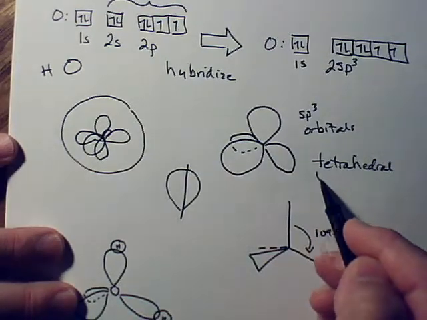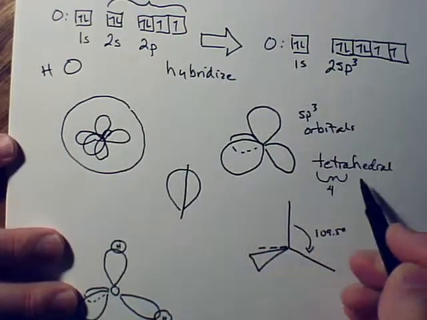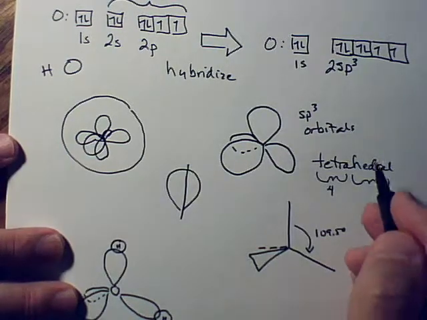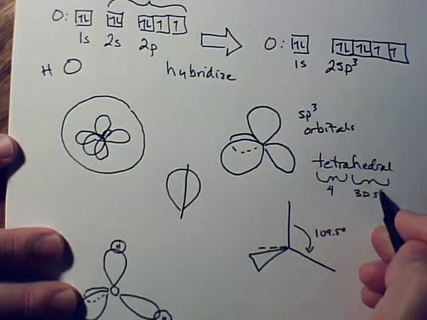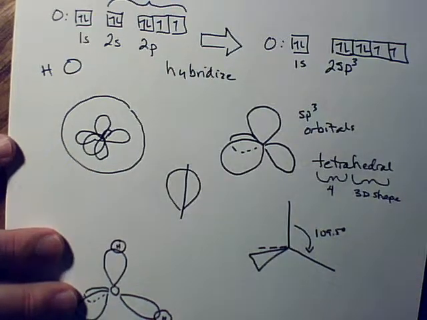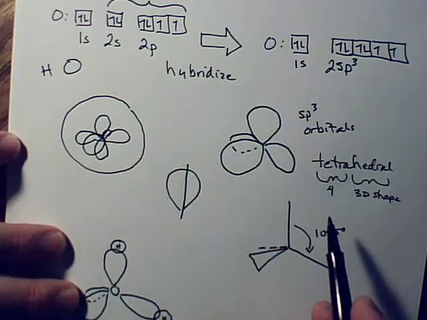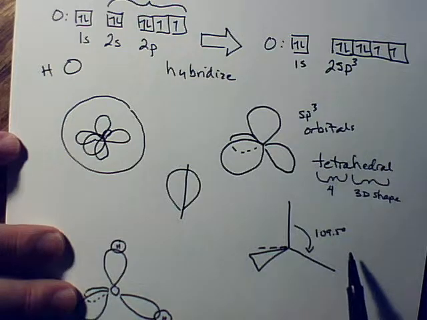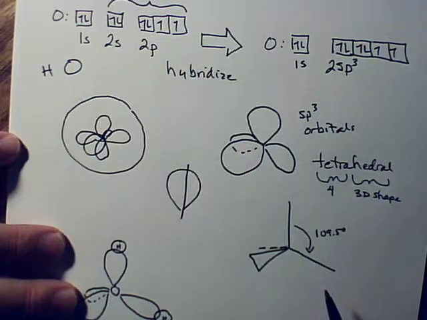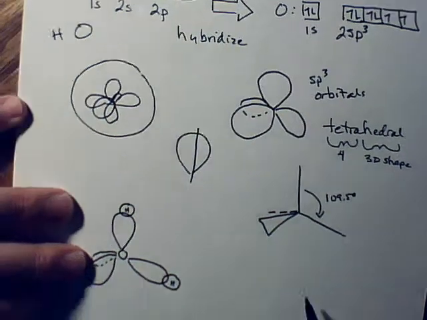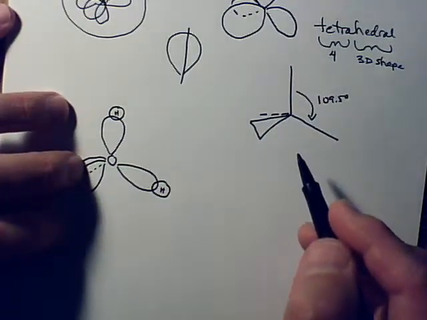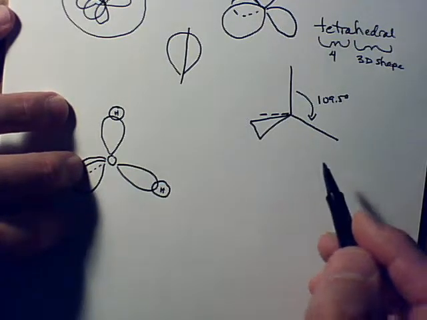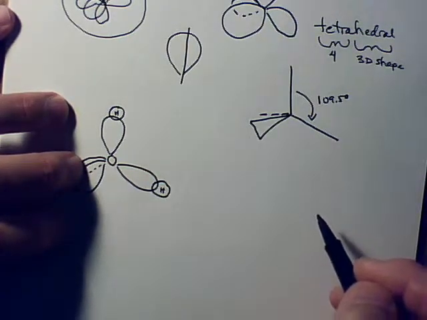Tetra. This part means 4. Hedral just describes a 3-dimensional shape. A tetrahedron is a 4-sided shape that has 4 corners. A cube has 6 sides and 8 corners.